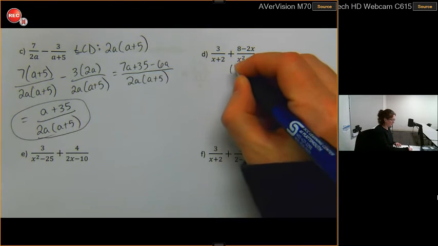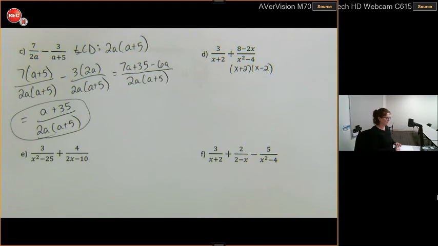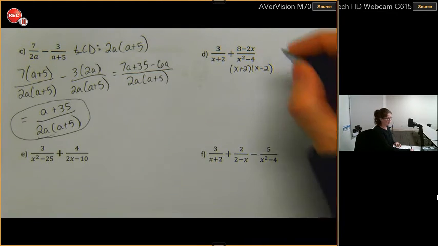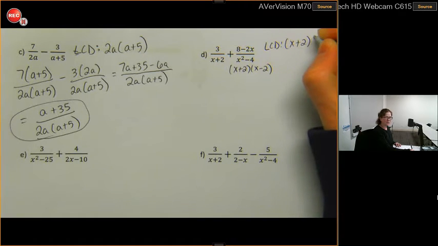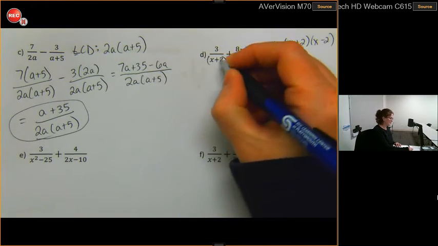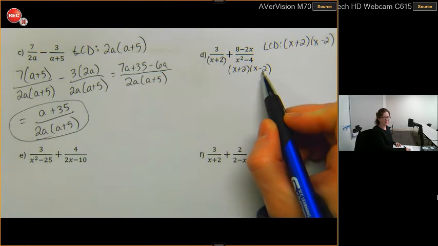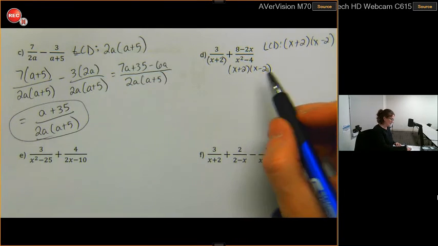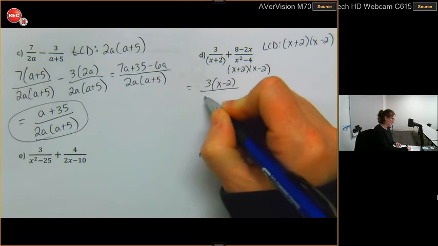Letter D, the second denominator factors by the squares pattern. So the LCD is going to be x plus 2 times x minus 2. Because this one has an x plus 2. This one also has an x plus 2 and an x minus 2. So I need x minus 2 on this first fraction.